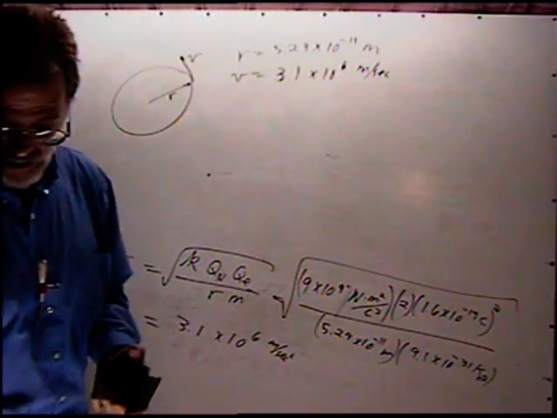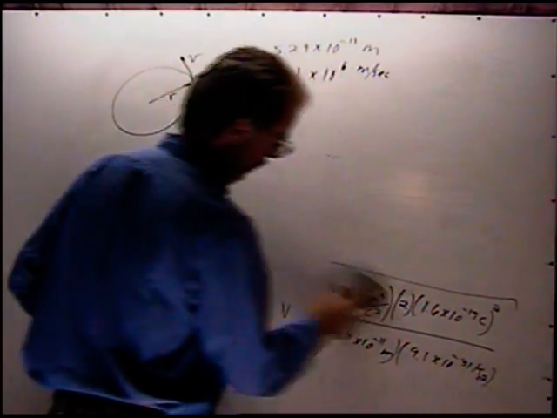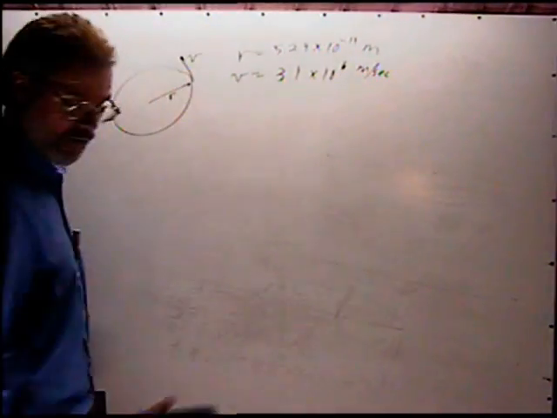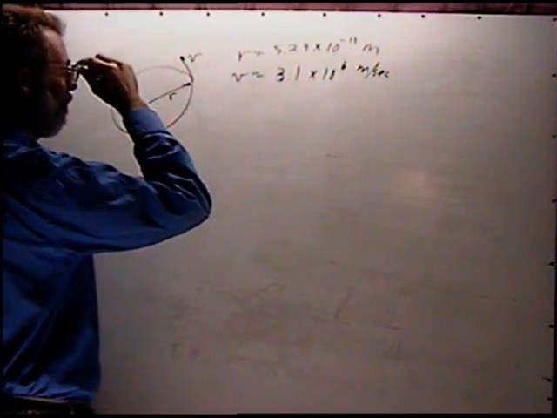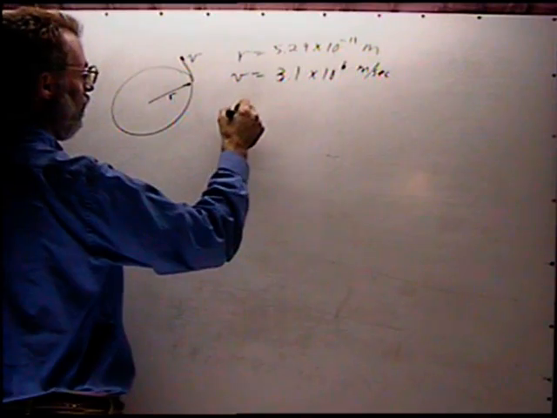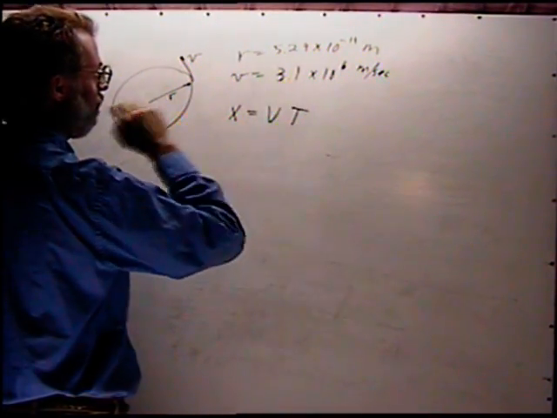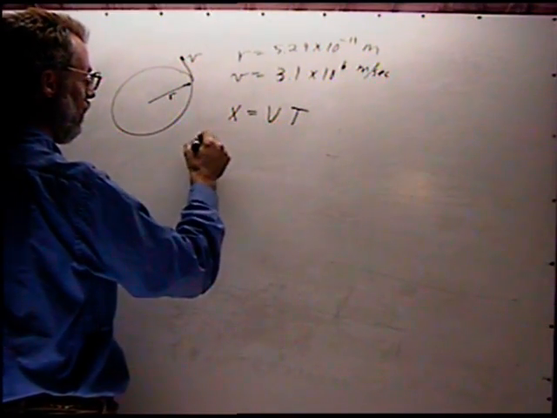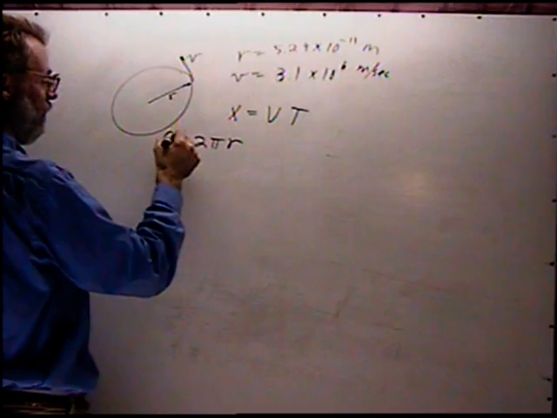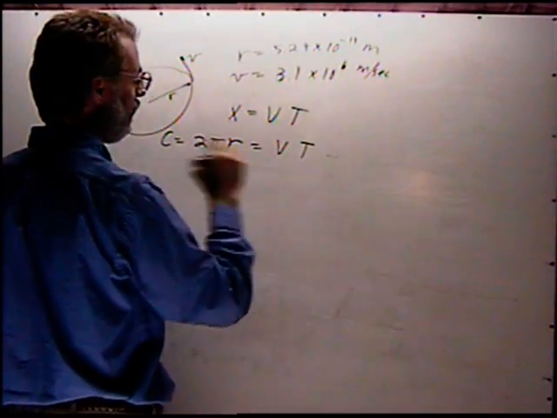Let's calculate, just for fun, how many times per second it actually goes around. How would we do that? Remember, the distance traveled is velocity times the time. So the distance traveled is 2 pi r. That's the circumference, and it's equal to the velocity times the period.